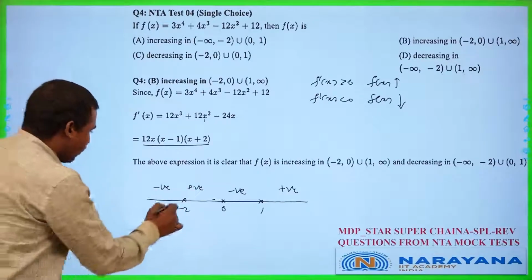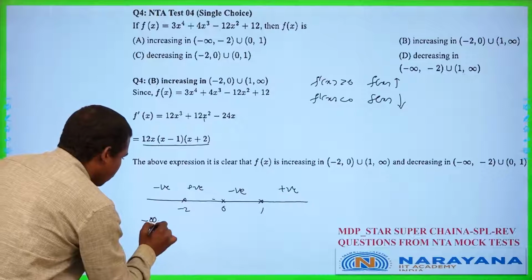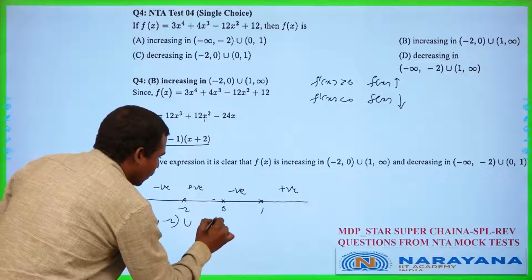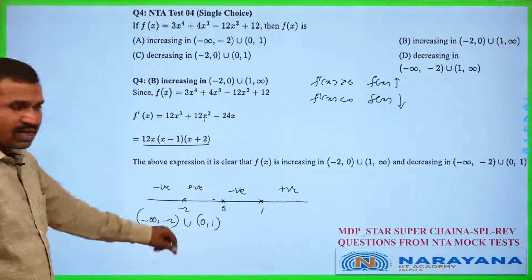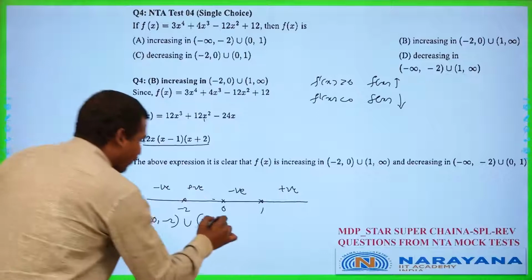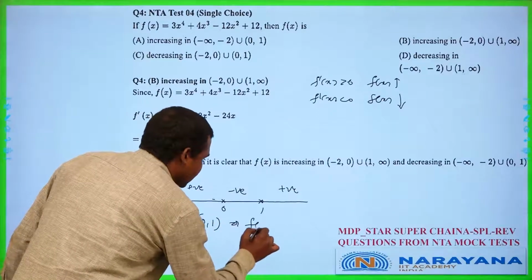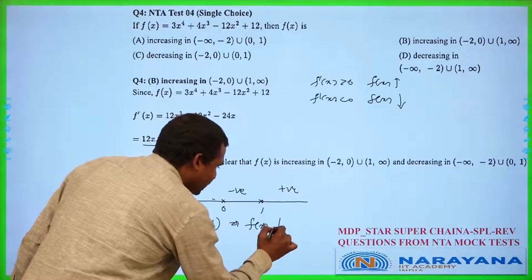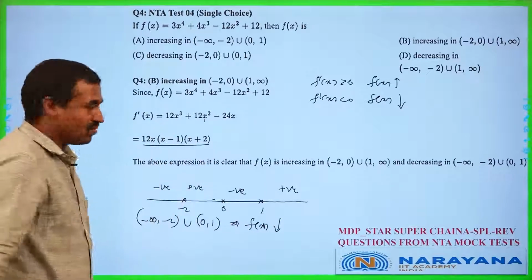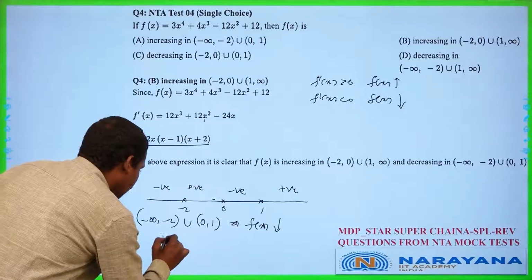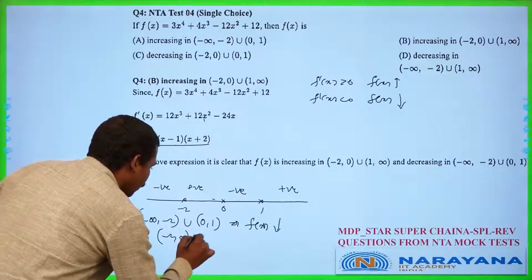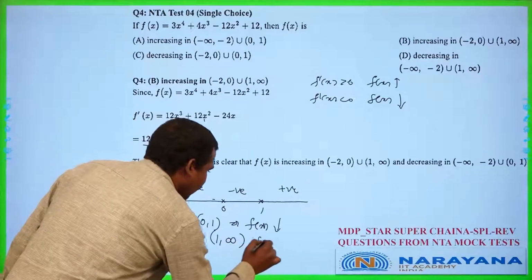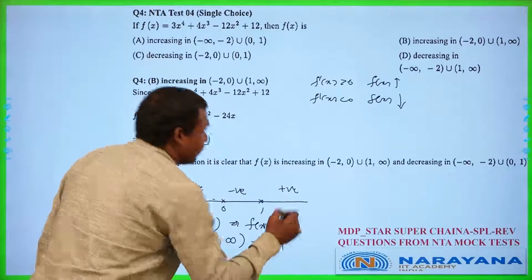So, that means in minus infinity to minus 2 union 0 to 1, f of x is decreasing, because f dash x is negative, and in minus 2 to 0 union 1 to infinity, f of x is increasing.